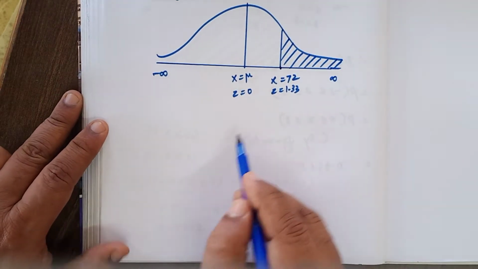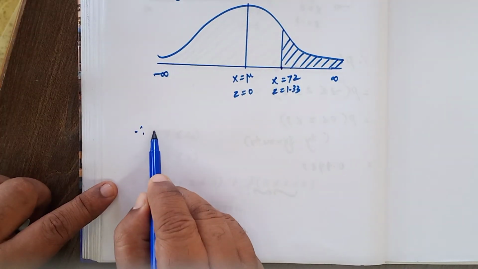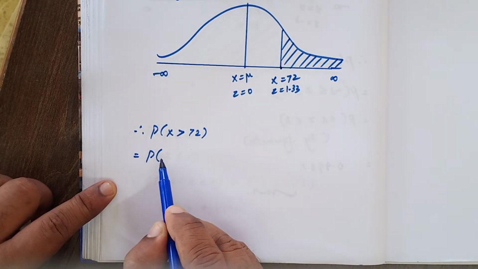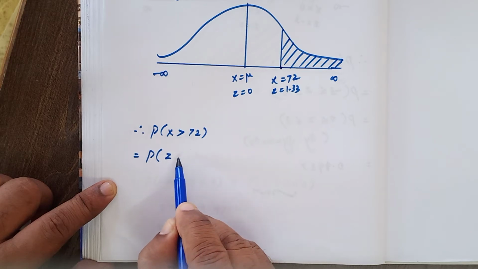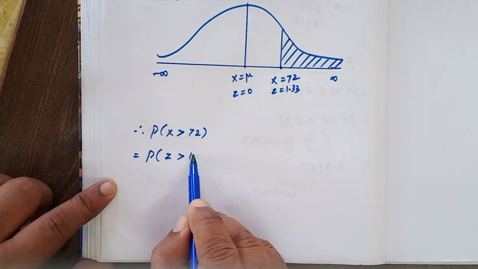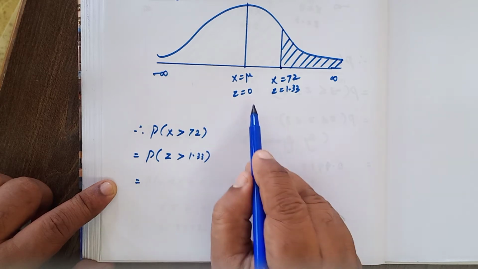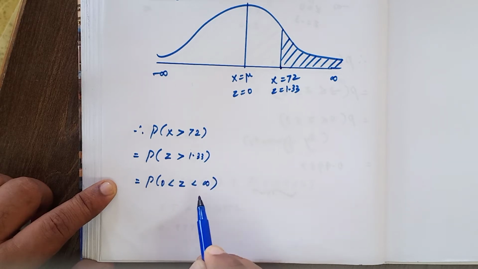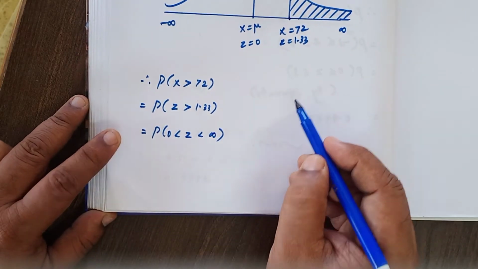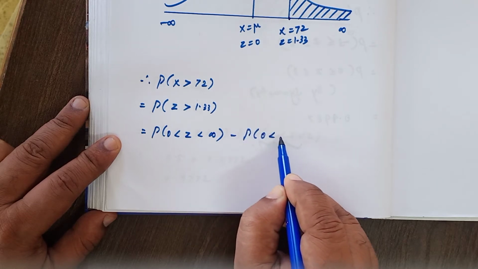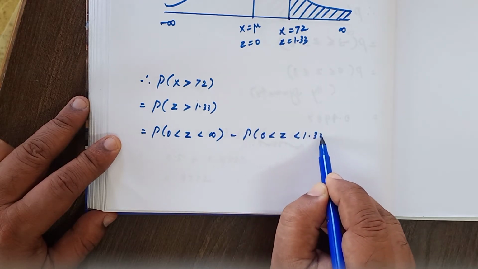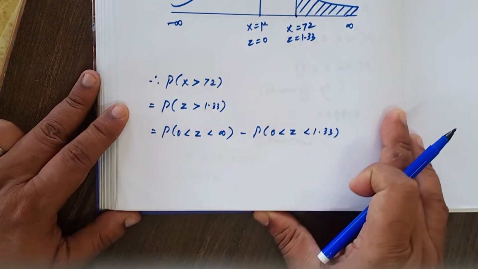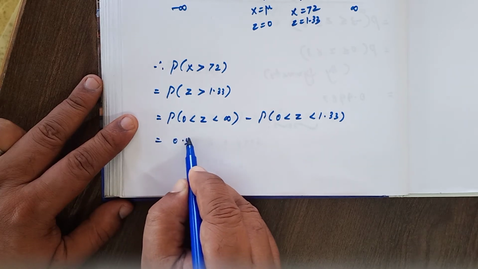Okay, so probability of x greater than 72 equals, we have changed x into z, the corresponding value is 1.33, equals probability of 0 less than z less than infinity, have to mention less than here, minus probability of 0 less than z less than 1.33. 0 to infinity minus 0 to 1.33. 0 to infinity, there is a standard value 0.5.